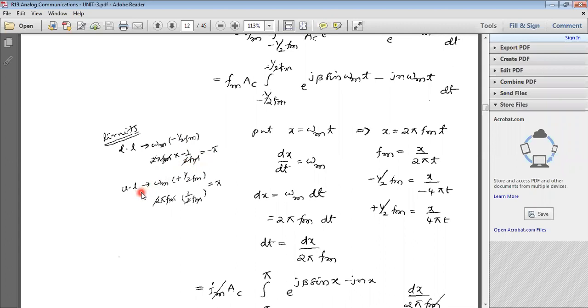Similarly for the upper limit it becomes omega m into plus half fm, so therefore it becomes pi.